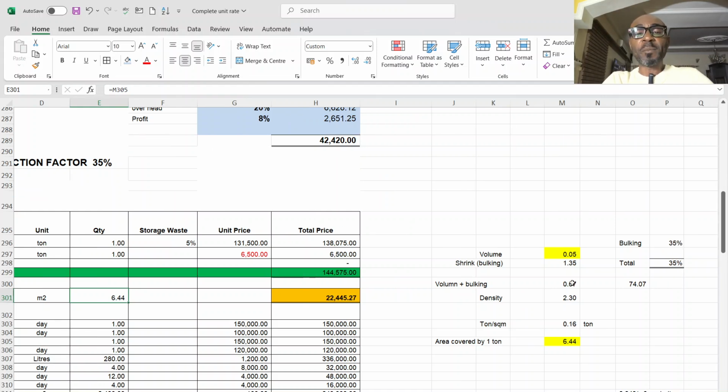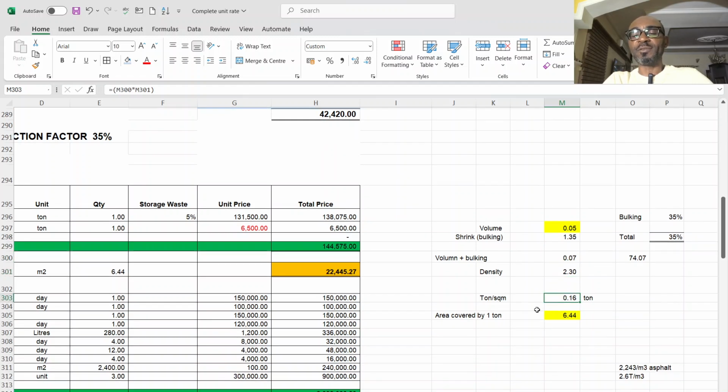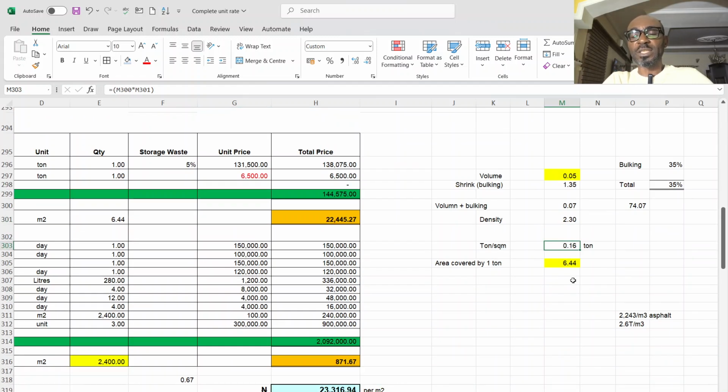So it is the same process that I did up here. The density, the computation of the volume, the bulking, then the density multiplied gives you 0.16. Divide 1 cubic meter by 0.16 ton per square meter and it gives you 6.4 square meter.